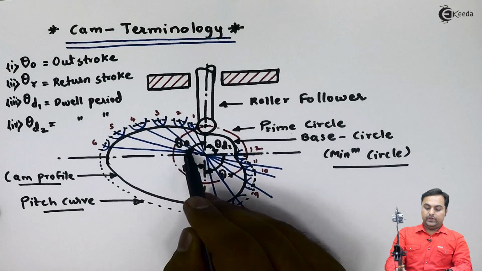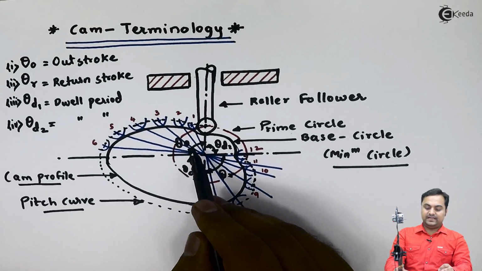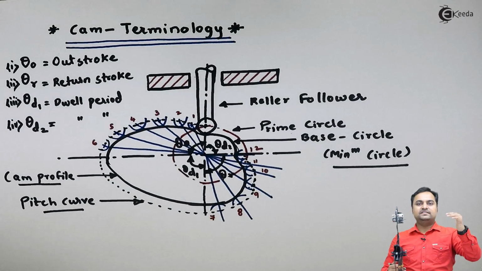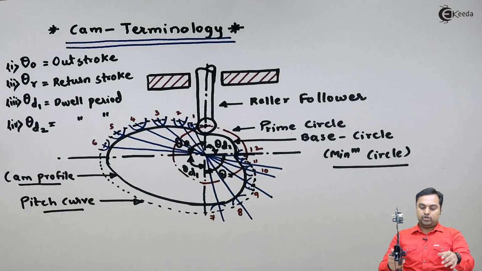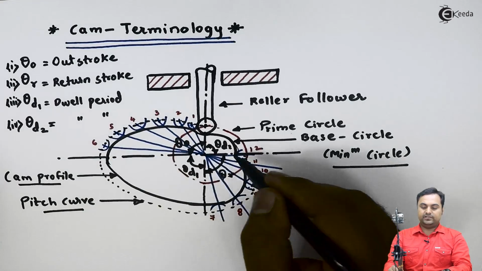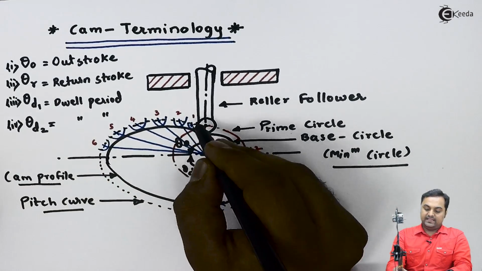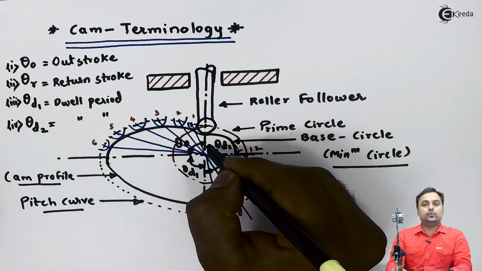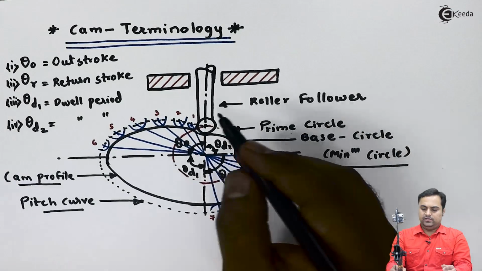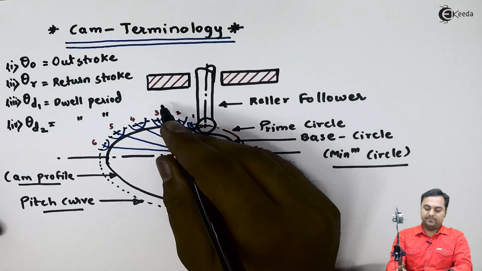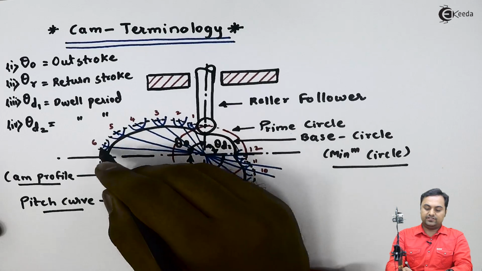Next, when it is outstroke, the follower will move up. Here we are assuming the cam is stationary, so follower will move up. And then theta outstroke would be in terms of an angle. That angle we need to divide, and then there is a procedure by which we get the centers of the circles.